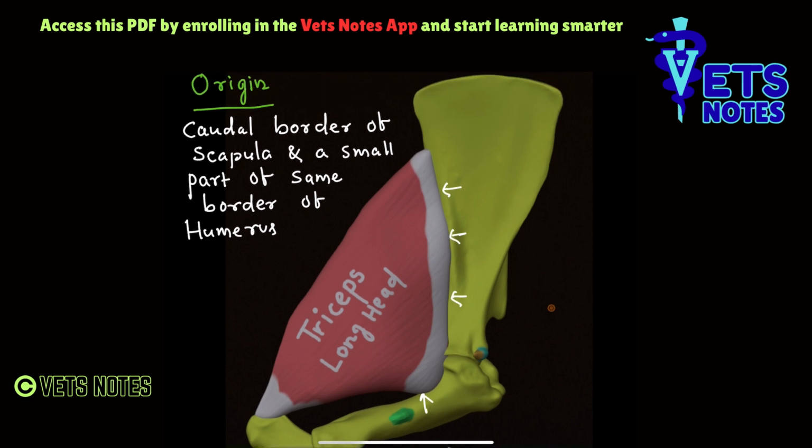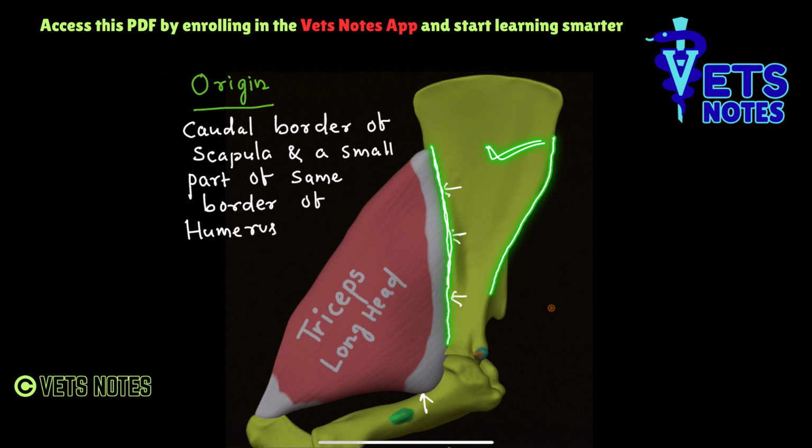Okay, the origin point: caudal border of scapula, and a small part of the same border of the humerus. So you can see this is the scapula. This is the caudal border. This is the cranial border of the scapula, and this is the caudal border of the scapula.